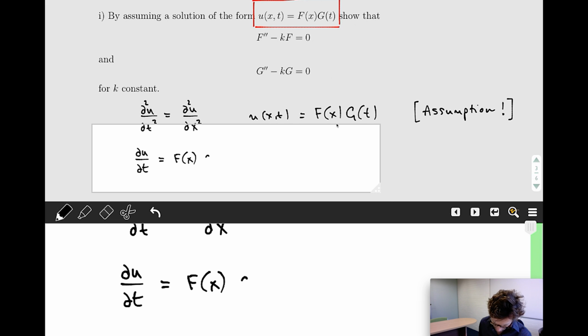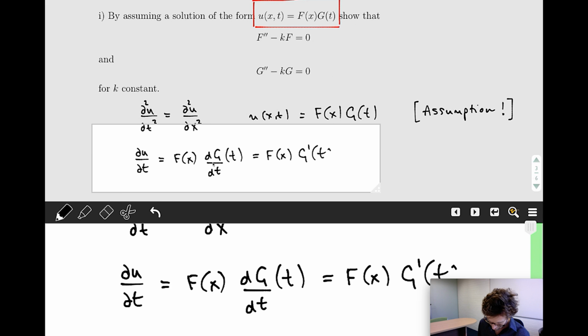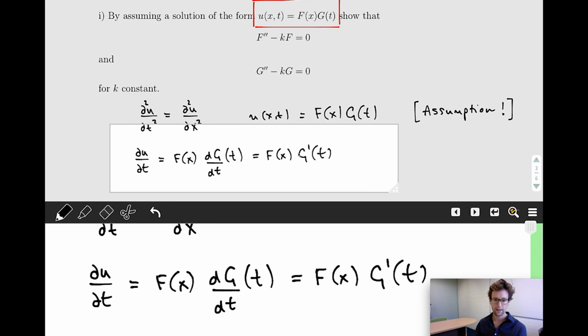And g is a function of t only, so the partial derivative becomes an ordinary derivative. So I've got f of x times the derivative of g, and I'm going to write that as f of x g prime. So prime here means the derivative with respect to its argument. So g is a function of t, so g prime is the derivative of g with respect to t.